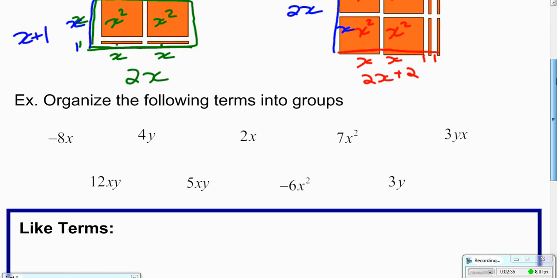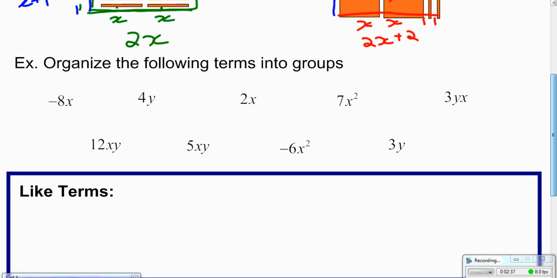Okay, so the next thing I want you to do is we want to start putting expressions into like terms. And so when we say like terms, we want to put them with things that go together. So let's start by saying what like terms are. So like terms are terms.